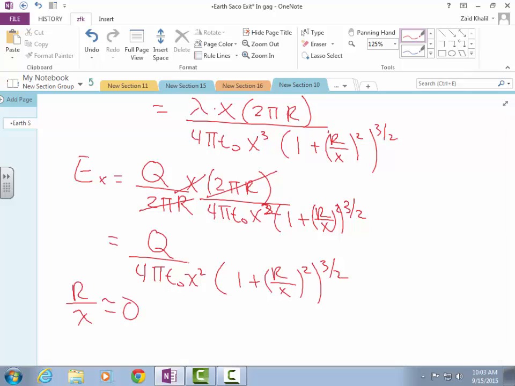And remember, x squared is effectively your r squared, because the distance from the center of the ring, this distance to the top of the ring, is effectively equal to this distance to the center. Just take a look. We can actually experiment with this to see precisely how close they are.